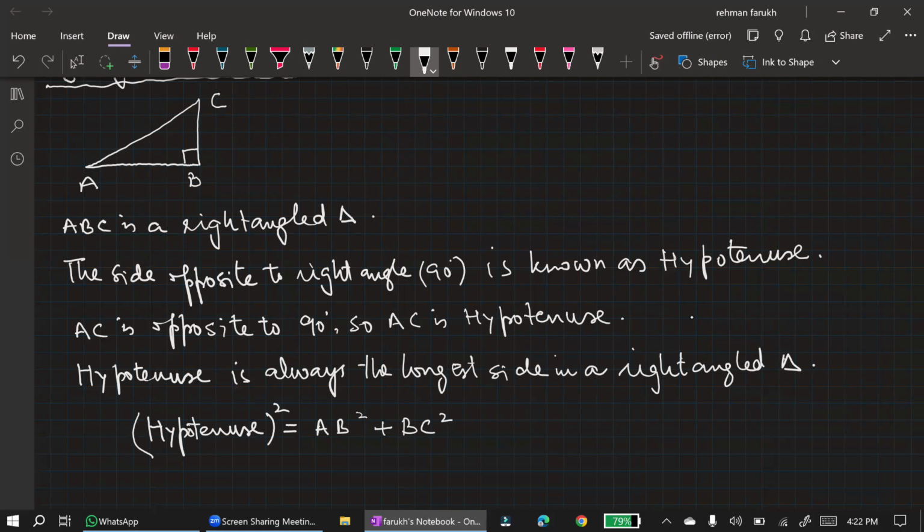This theorem is known as the Pythagoras theorem.